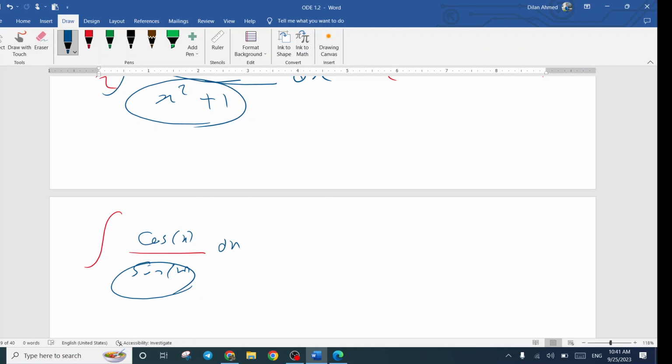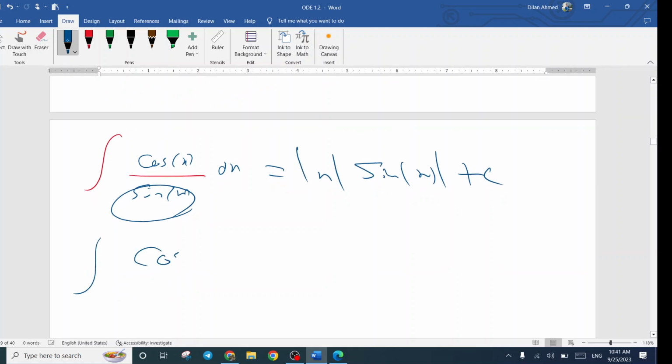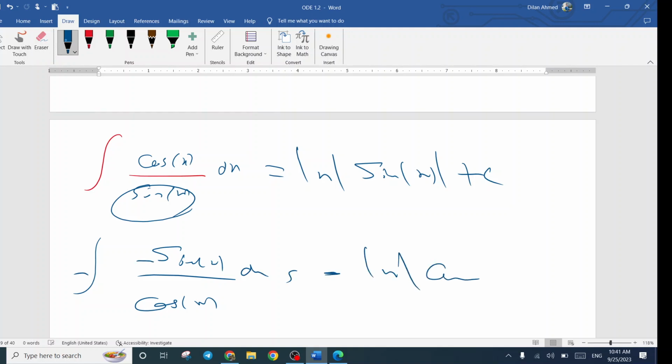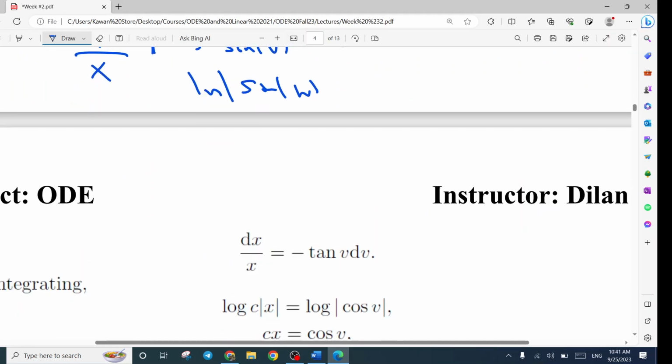The derivative of the denominator is cosine, so directly it is ln sine x plus c. You got it? How about cosine? Sine over cosine. How do we solve that one? We need a minus, right? So we have minus ln of cosine. So this is how we solve it.